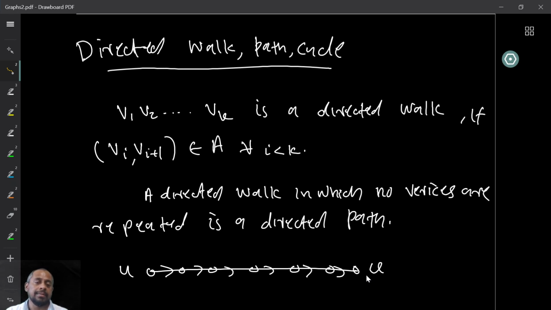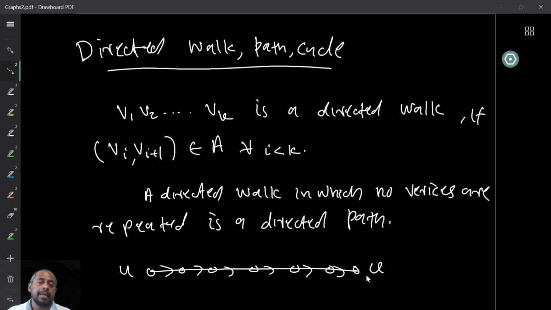So instead of saying that vi vi+1 is an edge, we are saying that vi vi+1 is an arc. That means that the arc goes from vi to vi+1. This says that there is a direction in which the movement can happen. So if you have a walk or a path from v1 to vk, it does not mean that there is a path from vk to v1, for example. This is different from the case of undirected graphs.